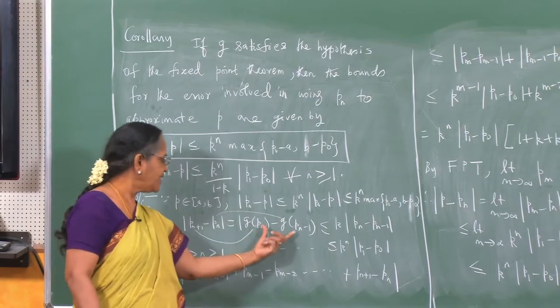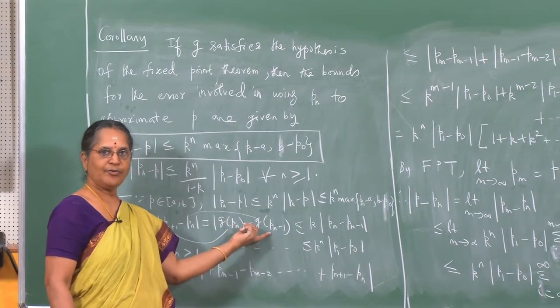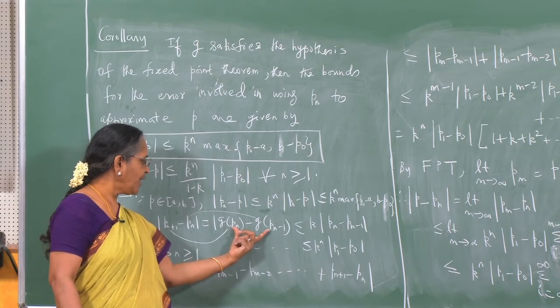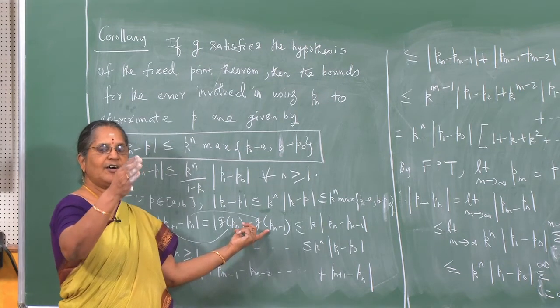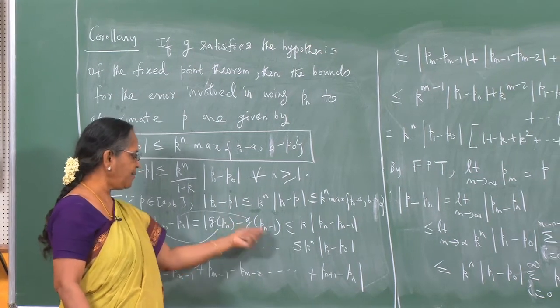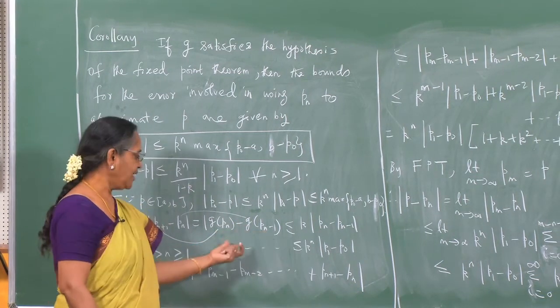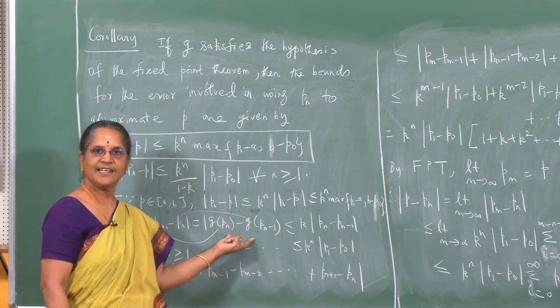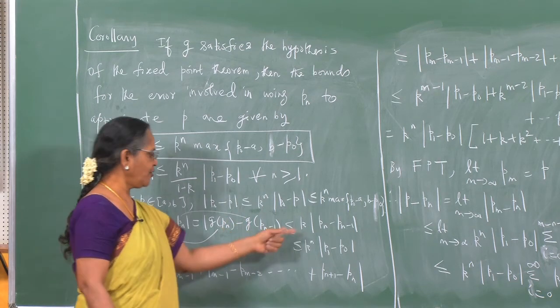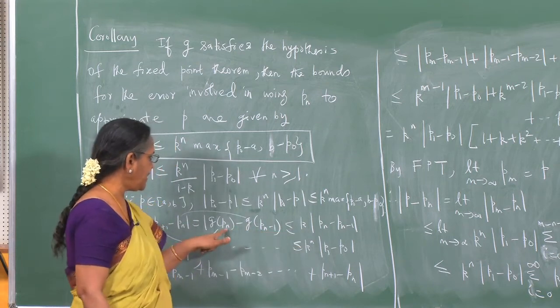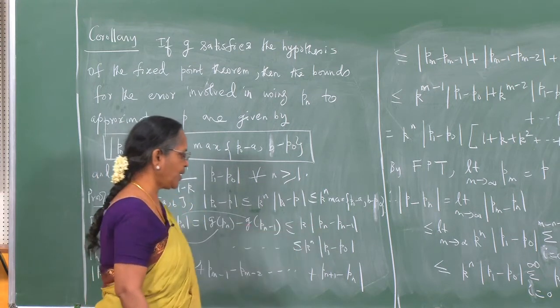I can use at this stage the mean value theorem. So, the absolute value of this will be less than or equal to g dashed of psi n into mod P n minus P n minus 1. Modulus of g dashed of psi n is less than or equal to k, and therefore, this will be less than or equal to k into mod P n minus P n minus 1.